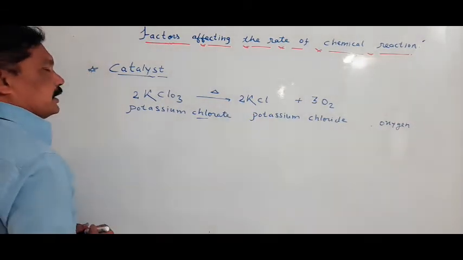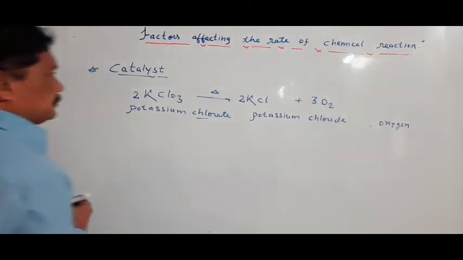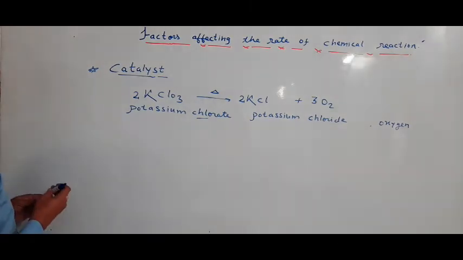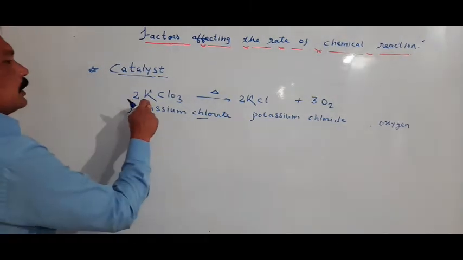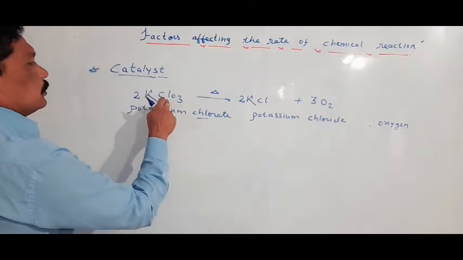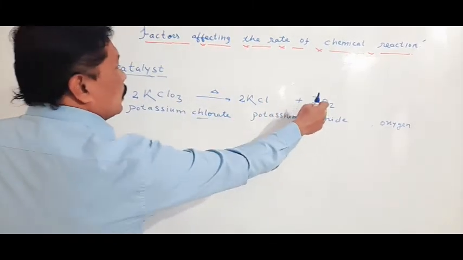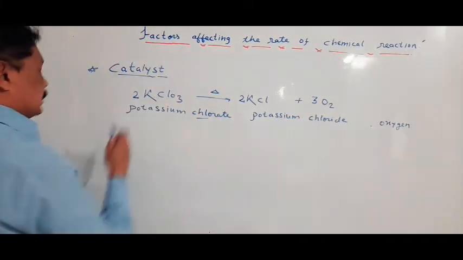Here the equation is balanced. 2 potassium, chlorine 2, oxygen 3 to the 6, oxygen 3 to the 6.